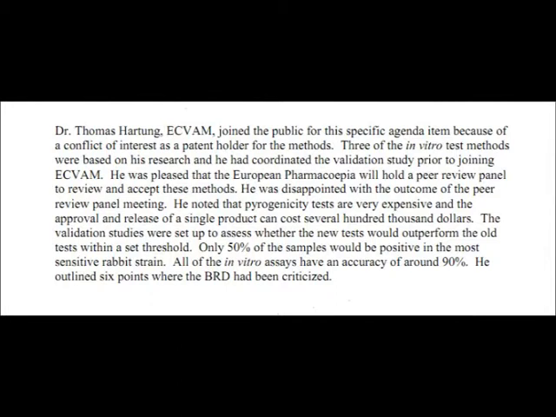So, you know, this comparing it again to the rabbit test, which is only 50% accurate, seems a futile endeavour to me. Anyway, let's have a look, see what the next slide says.